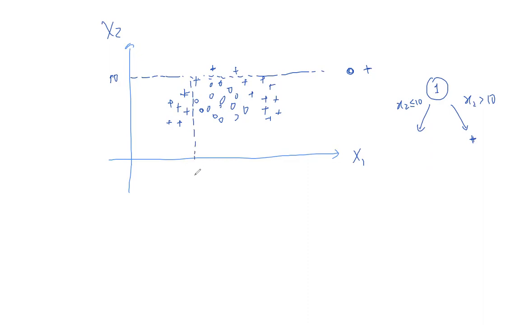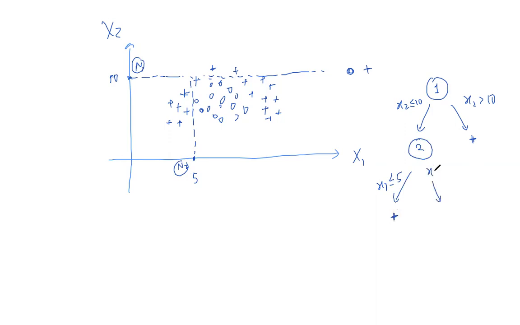Okay, let's say this is 5. So then you will have node 2. This partition is node 2. This partition here is node 1. So in node 2, for x1, anything that is less than or equals to 5, you will classify as plus.